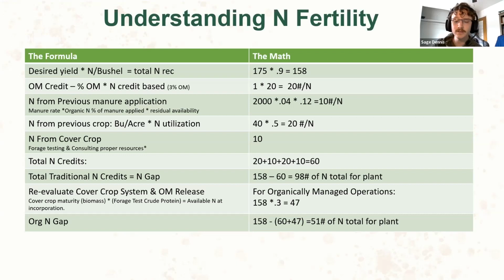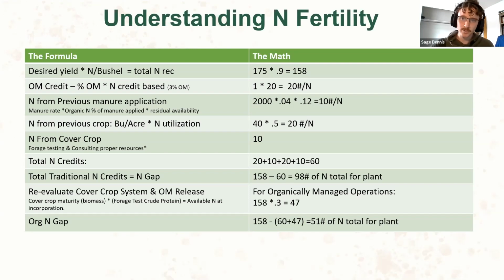And 10 units is actually quite a low ball in a lot of situations, but I felt it was a very good baseline recommendation, especially since this is comparing both traditional and organic practices.